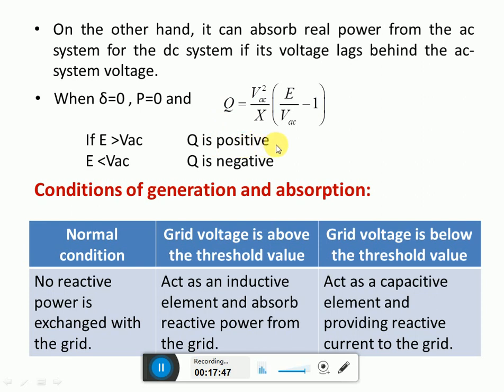Q positive means the converter is supplying reactive power to the AC system, and as it supplies reactive power, it will be able to control the voltage, as voltage and reactive power are directly proportional.